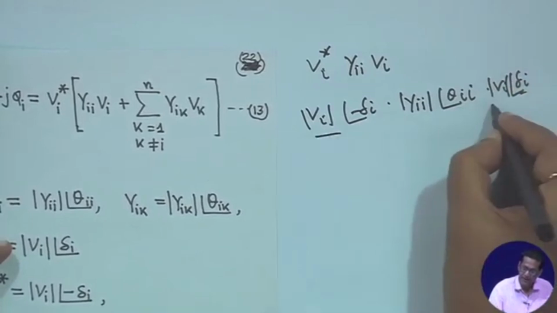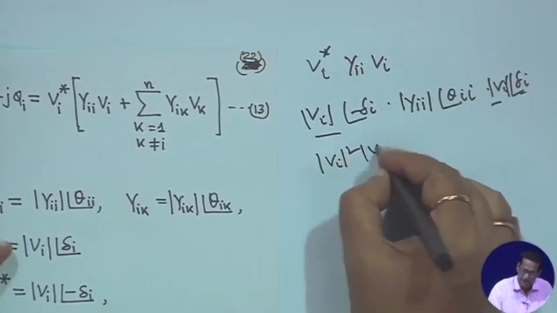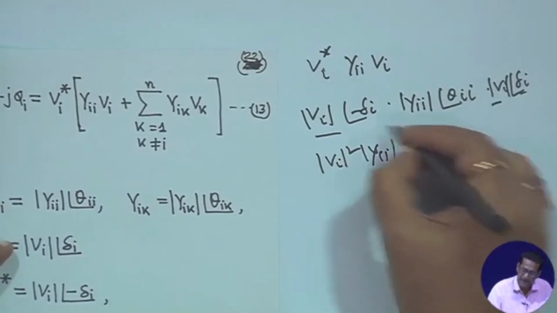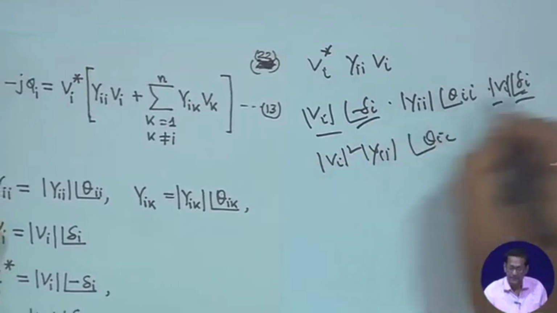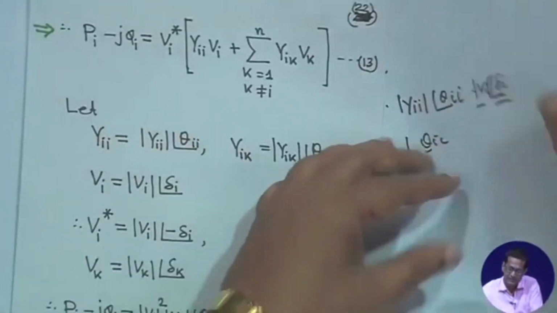So, it becomes magnitude Vi square, then magnitude Yii and angle theta ii, because minus delta i plus delta i will be cancelled.